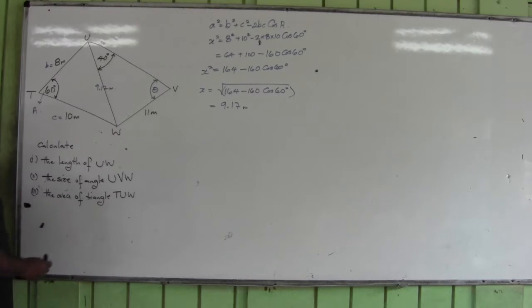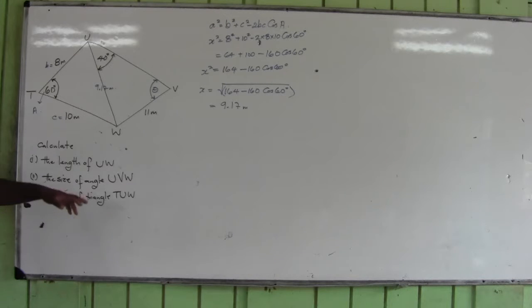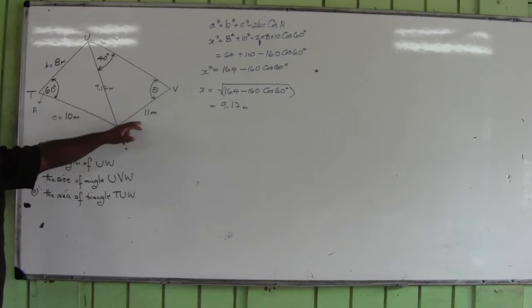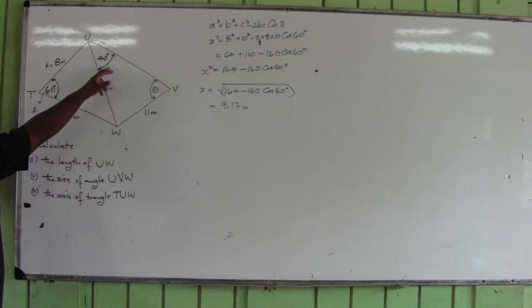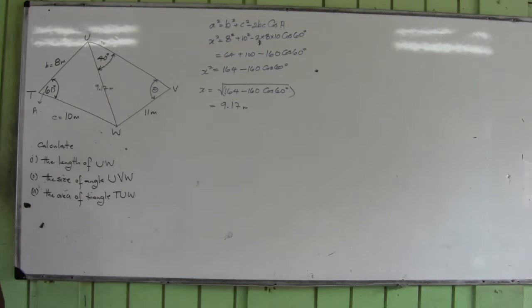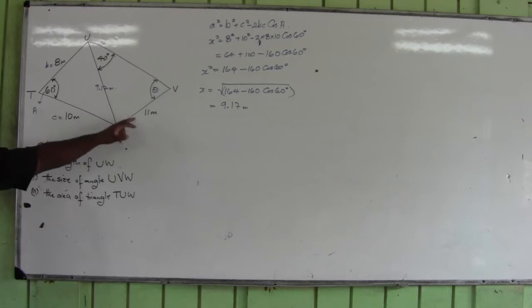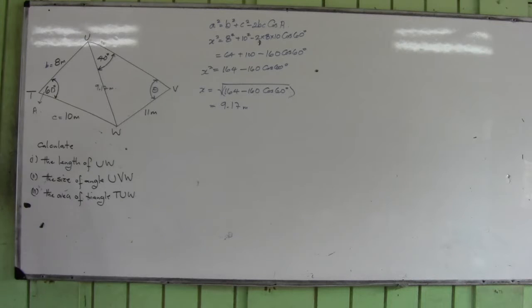Alright? So now I'm looking at the triangle on the right. In the triangle on the right, I'm given the length of two sides and an angle. Is this angle inclusive or non-inclusive? Inclusive would have been between here, so this angle must be non-inclusive.